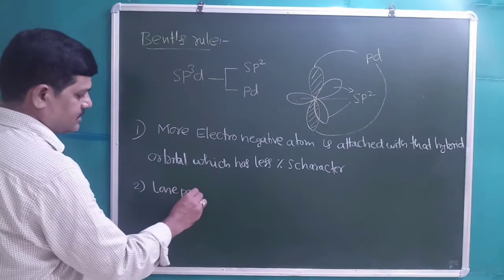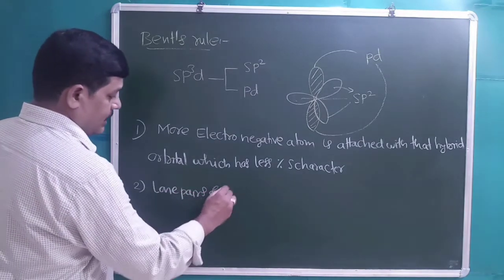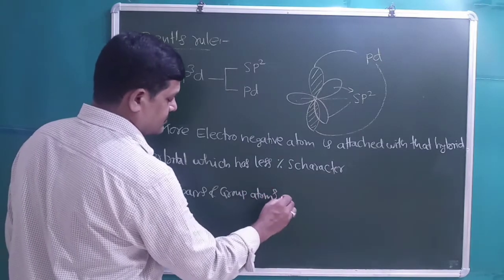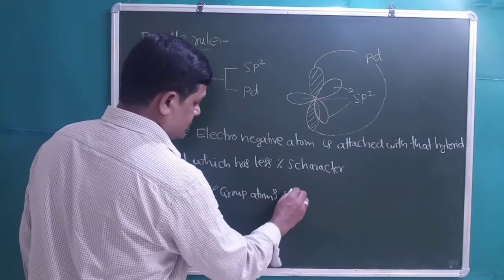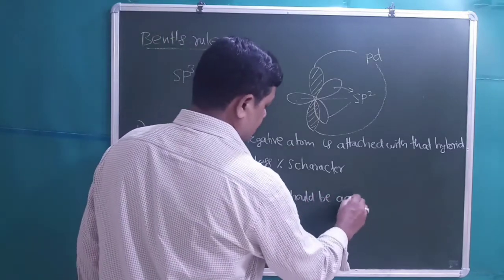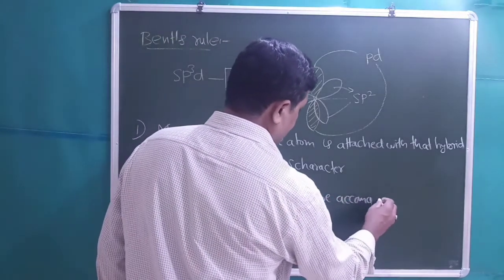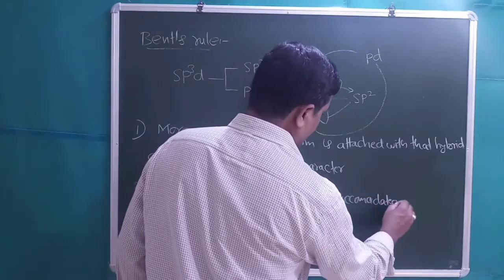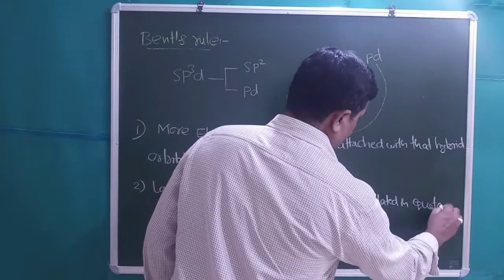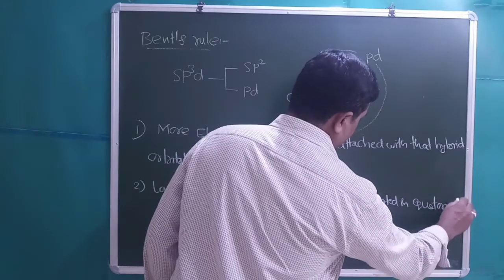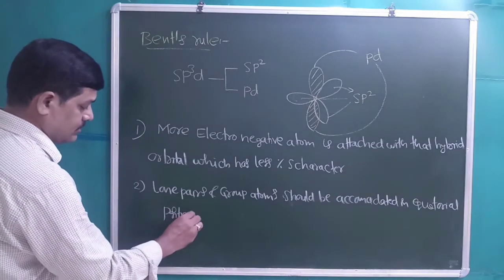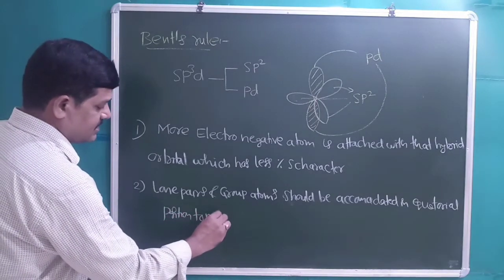Lone pairs and groups of atoms should be accommodated in equatorial position to minimize the repulsions.